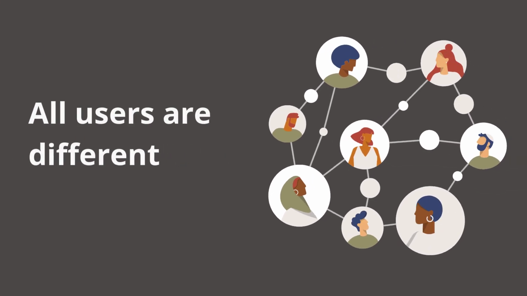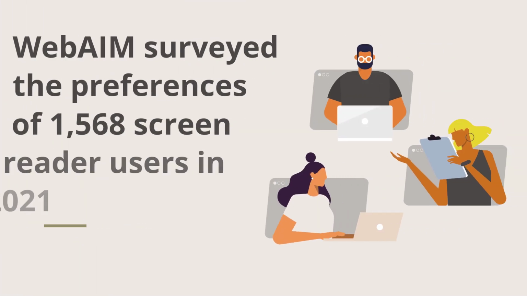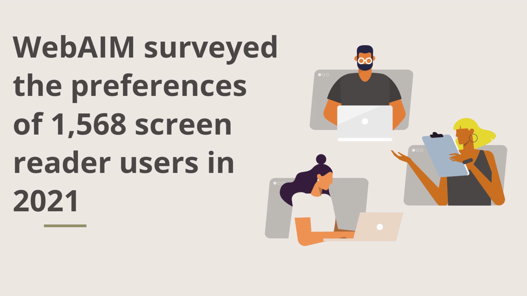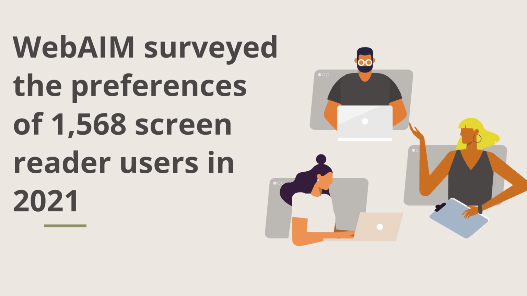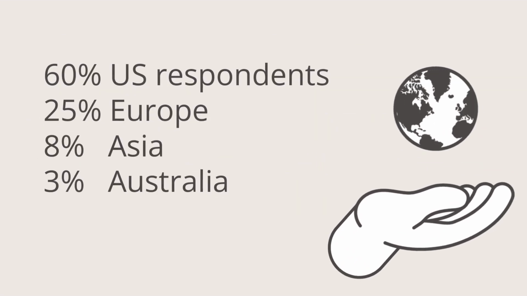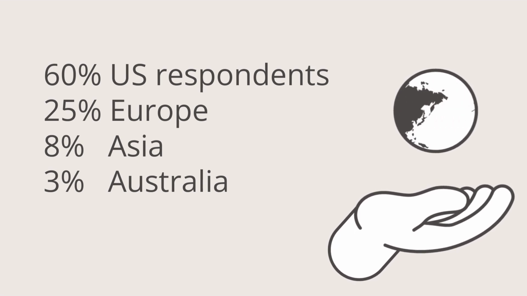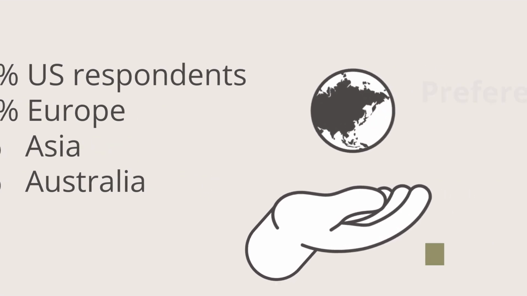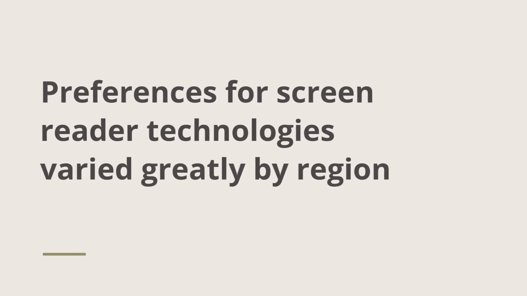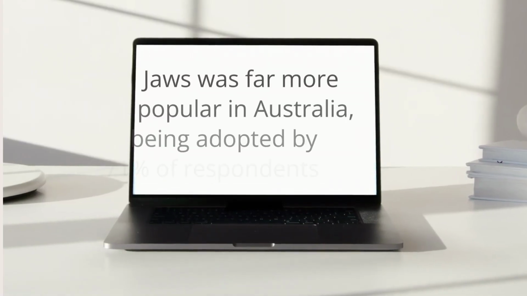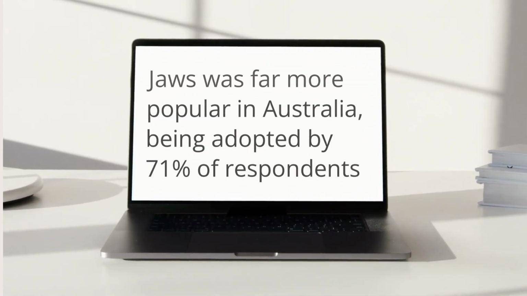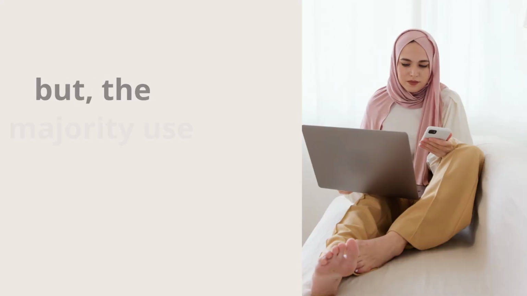All users are different. WebAIM surveyed the preferences of many screen reader users in 2021. 60% of respondents were from the US, 25% from Europe, with 8% from Asia and 3% from Australia. Preferences varied greatly by region. JAWS was far more popular in Australia, being adopted by 71% of those surveyed.